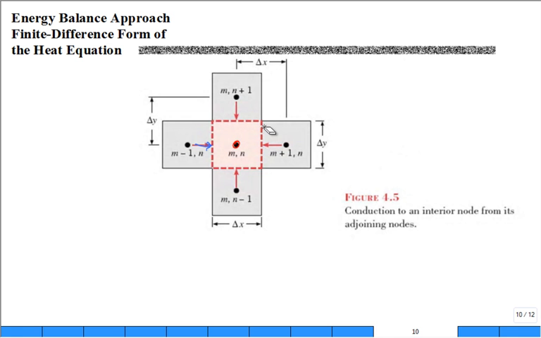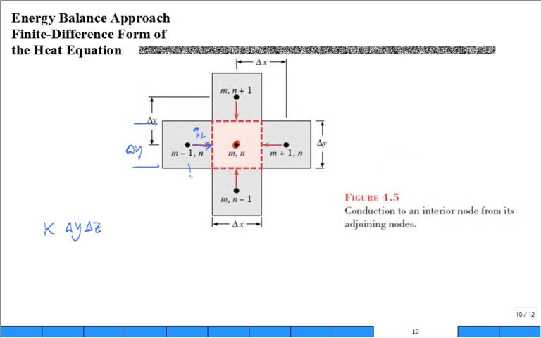Got it? All right. So for this one, let's do Q in from the left. You would say, I have some thermal conductivity, some area. The area is going to be delta y tall and delta z into the third dimension. Doesn't that give me an area? Divided by length. The length is the distance between the two nodes.